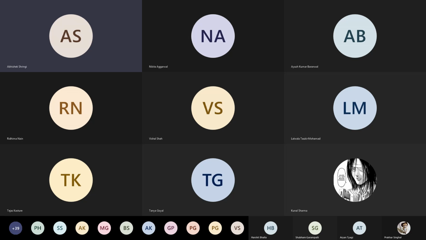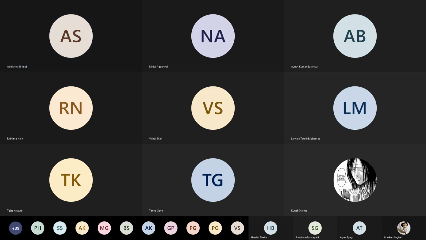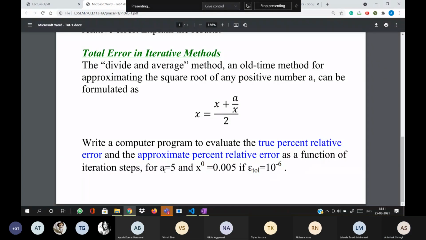So since there is no doubt in question number second, we'll move to question number third. Okay. I again suggest all of you to read the question for 2 minutes and then we'll discuss what is asked in the question.